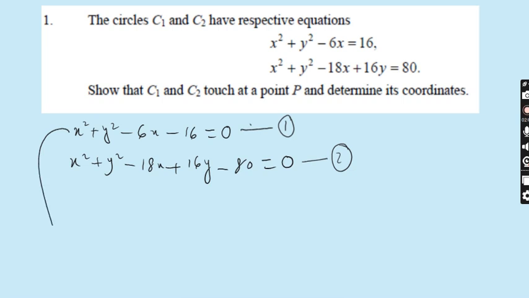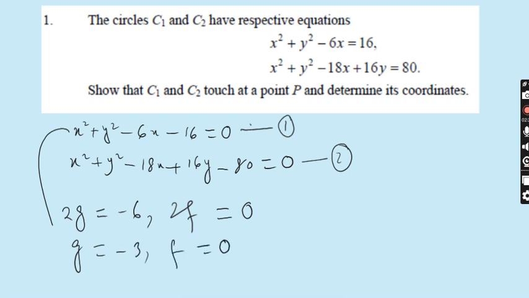Find the center, which is 2g equals to minus 6 and 2f equals to 0 because there is no coefficient of y in equation number 1. So g equals to minus 3, f is equals to 0. Therefore the center, which is minus g, minus f, is equals to 3 and 0. This is the center of circle C1.